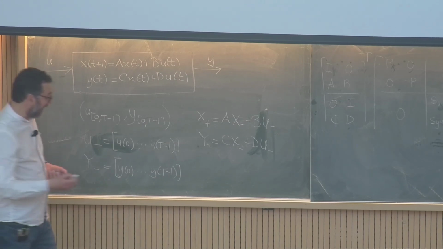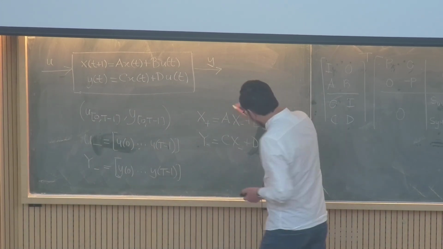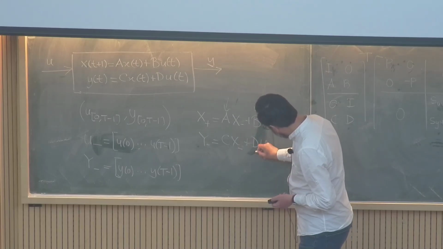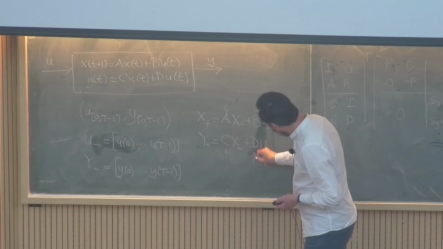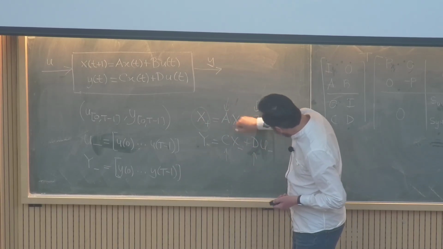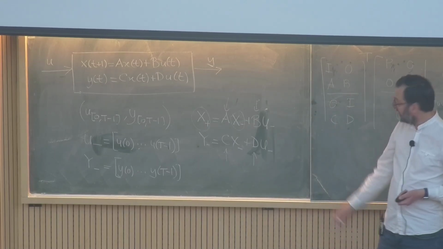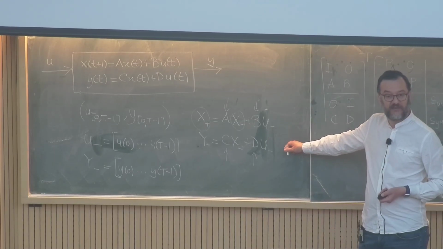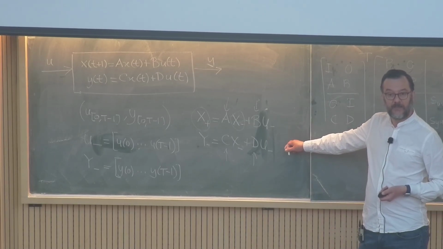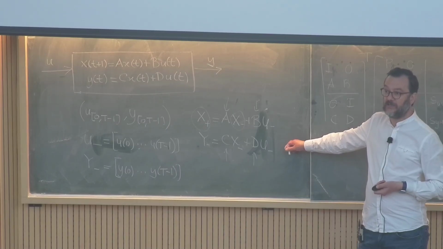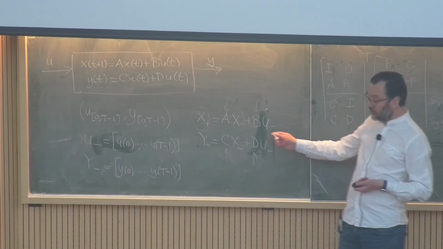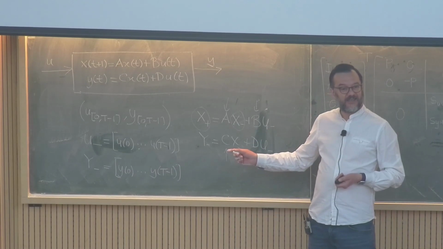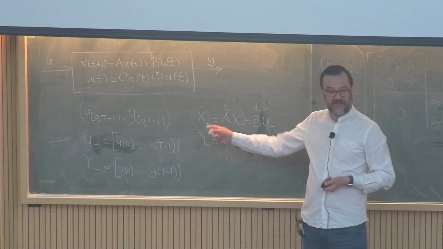And then I need to find A, B, C, D, and X minus, X plus, such that these equations are satisfied, if I fix n. But there is also a hidden constraint between X minus and X plus.